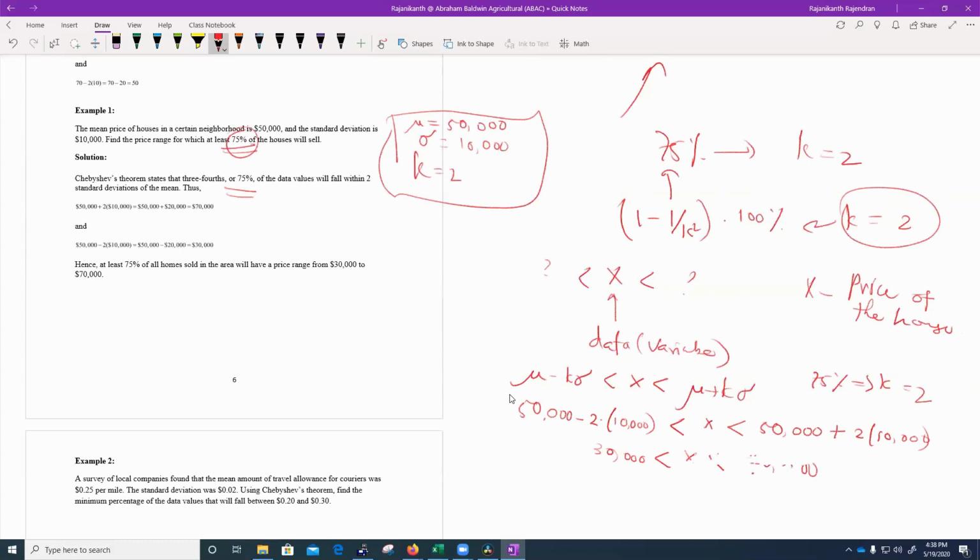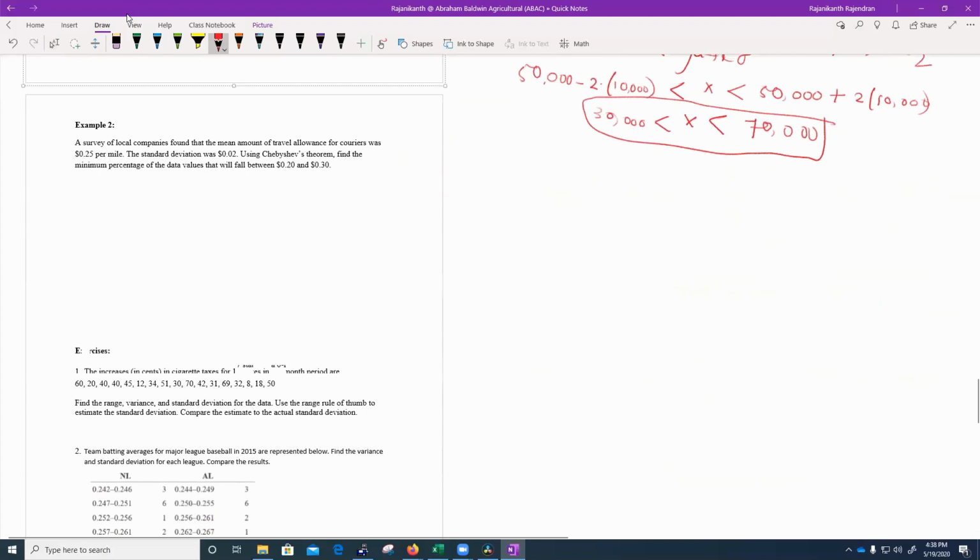So therefore, the price range of the house should be 30,000 to 70,000. In other words, at least 75 percent of the households will have prices between 30,000 and 70,000. So we got those two numbers. Good.